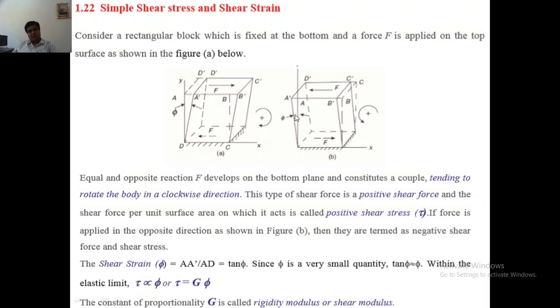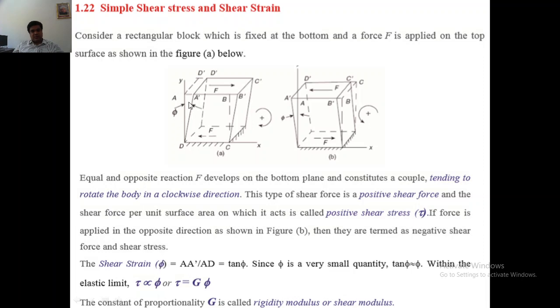So this angle, the displacement of dA to dA dash, you can see here dA to dA dash, it is nothing but the shear strain phi. So we will take the angle of this tan theta. So here you can see tan phi is called as the shear strain. So shear strain is nothing but phi or tan phi.